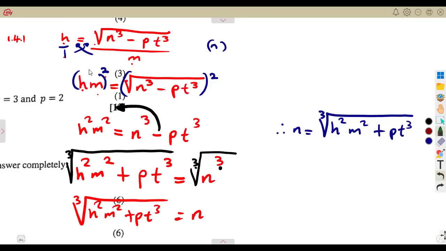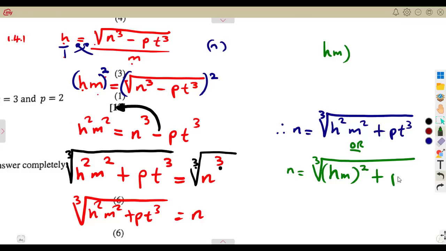Remember, from this hm squared, you can also write each and every part like that, hm raised to the power of 2. So n is equal to the cube root of hm, everything like this, to the exponent of 2, plus pt to the exponent of 3 like that.